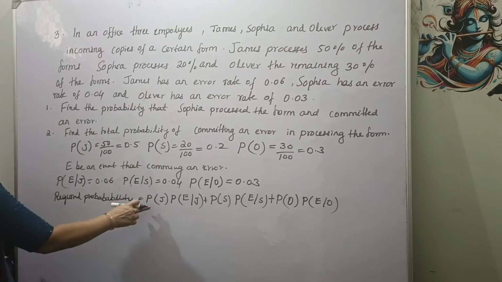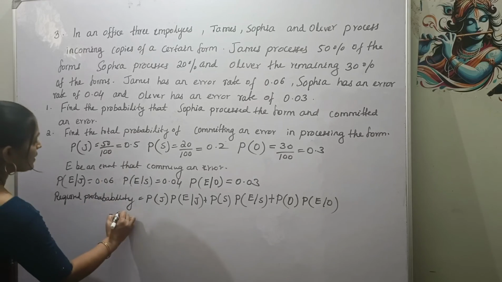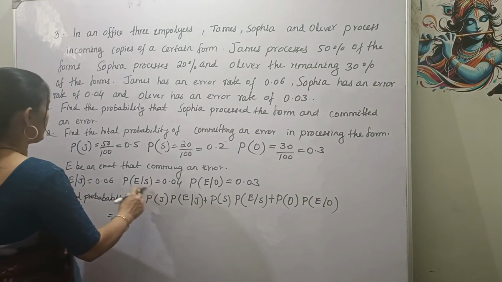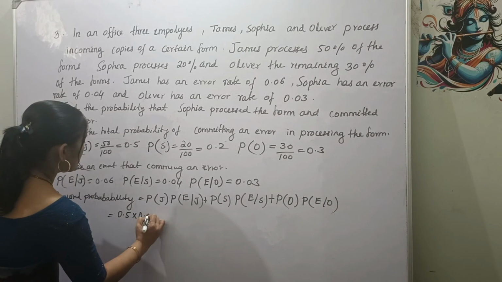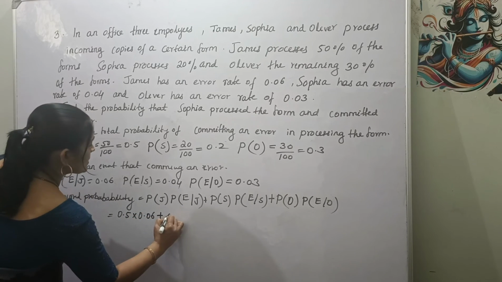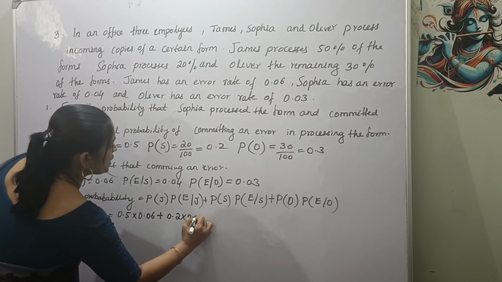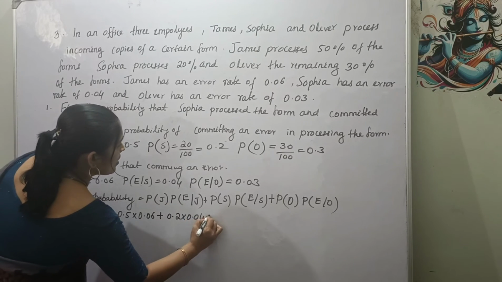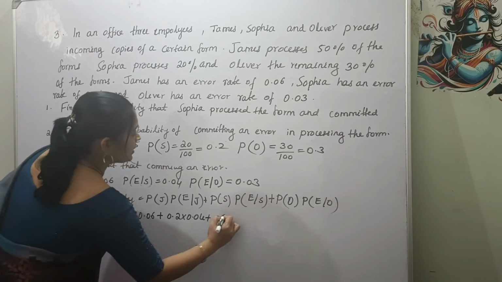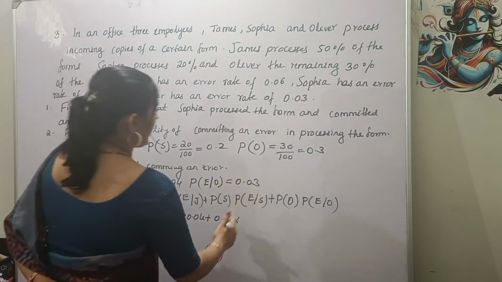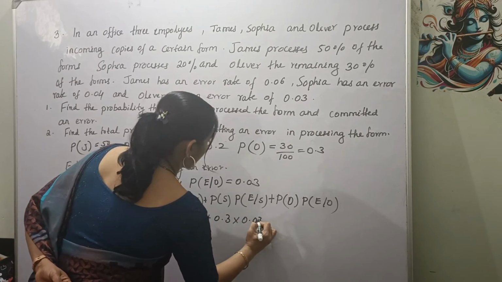That is equal to probability of J, 0.5, into probability of E given J, 0.06, plus 0.2 into 0.04, plus 0.3 into 0.03.